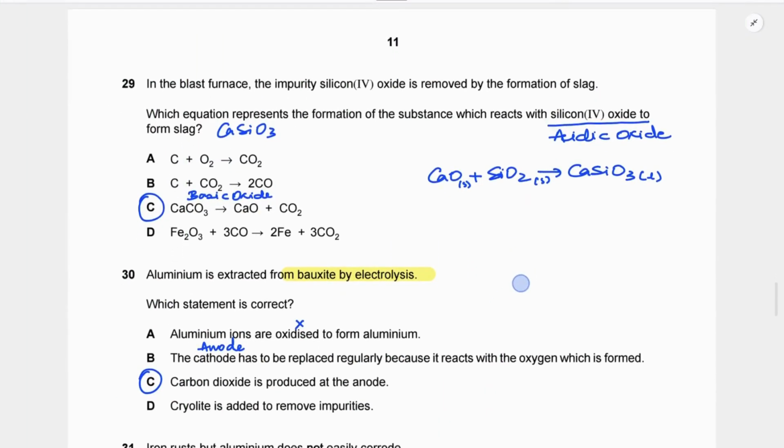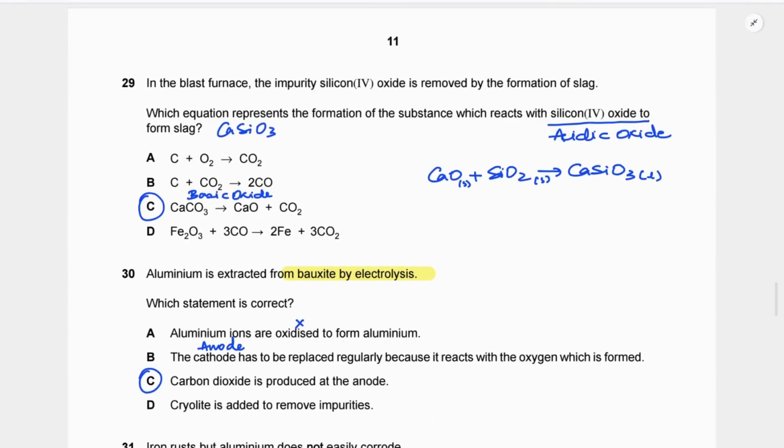Question 29. In the blast furnace, the impurity silicon dioxide is removed by formation of slag. Which equation represents the formation of the substance which reacts with silicon dioxide to form slag? Slag is nothing but calcium silicate. Now, silicon dioxide acts as an acidic oxide, so a neutralization reaction will take place.